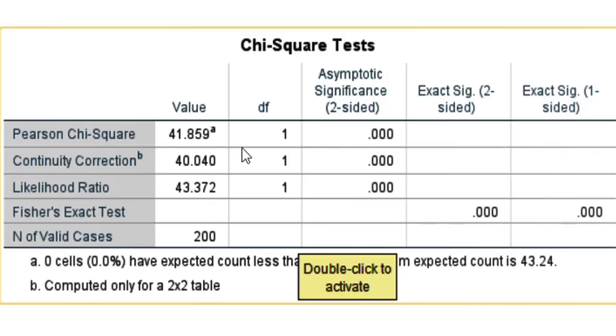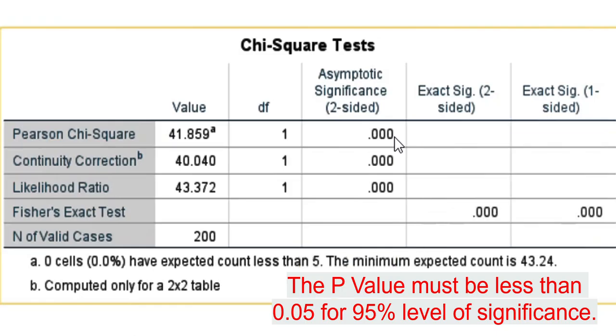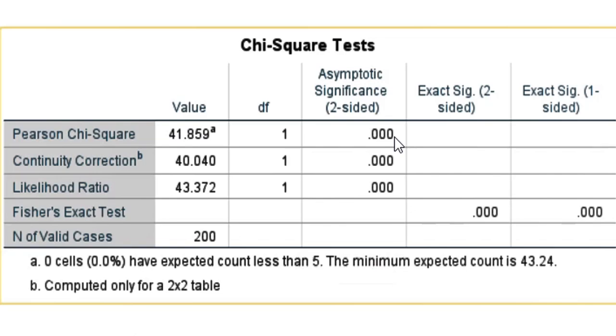Chi-square value is 41.859, which is more than 5, and p-value is 0.000, which is less than 0.05, indicating our null hypothesis is not true, such that there is an association between farmer type and adoption of DSR method in case of Haryana.